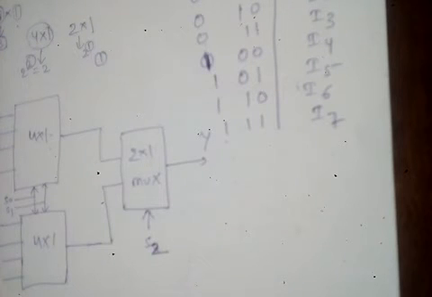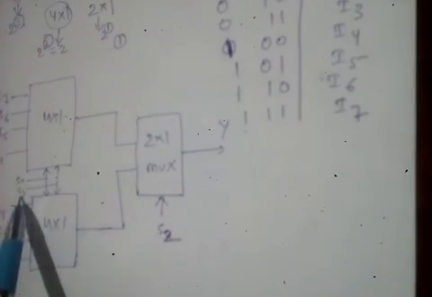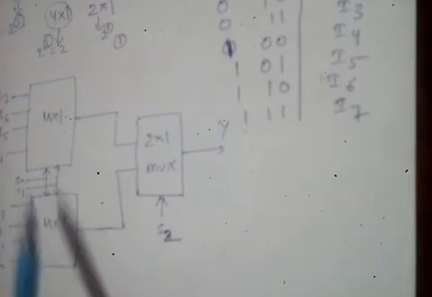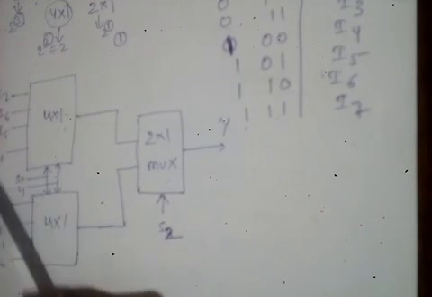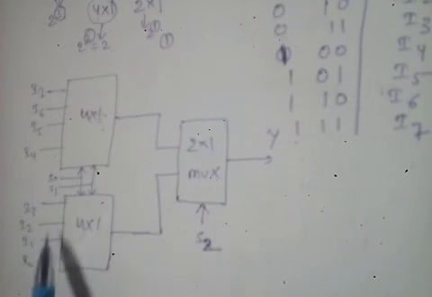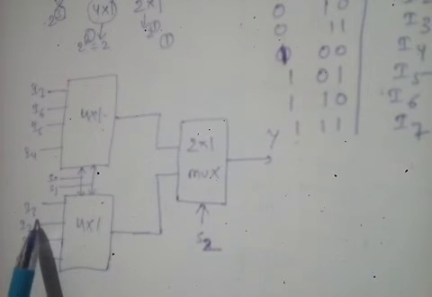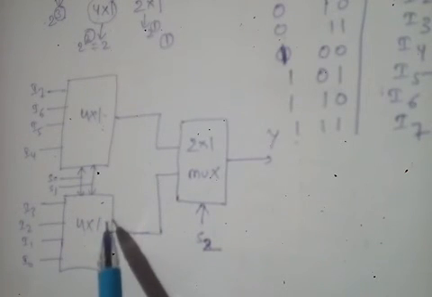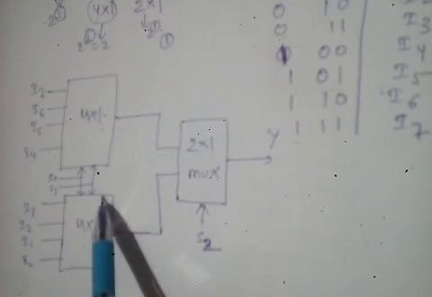The same selection lines S1 and S0 will be applied to both 4 by 1 multiplexers, and the data input of the upper 4 by 1 multiplexer is from I4 to I7 and of the lower 4 by 1 multiplexer from I0 to I3. Each 4 by 1 multiplexer produces an output based on the combination of these selection lines.